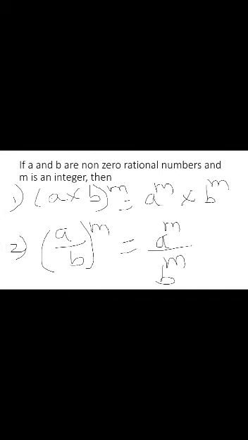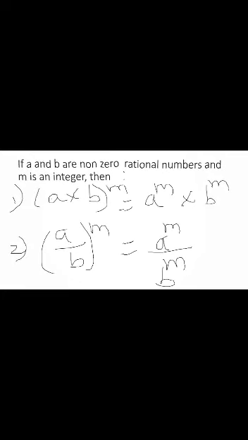See, if a and b are non-zero rational numbers and m is an integer, then (a multiplied by b) raised to m is equal to a raised to m multiplied by b raised to m. And second is that (a upon b) raised to m is equal to a raised to m upon b raised to m.